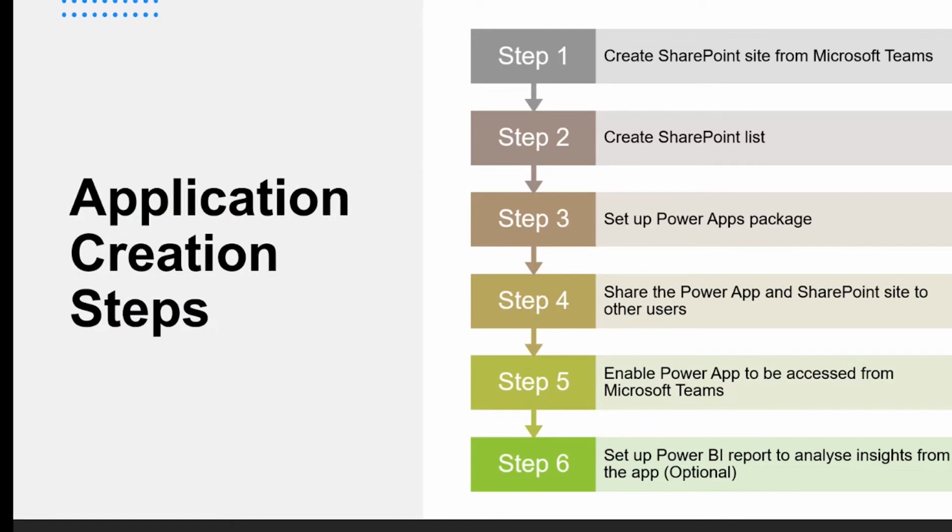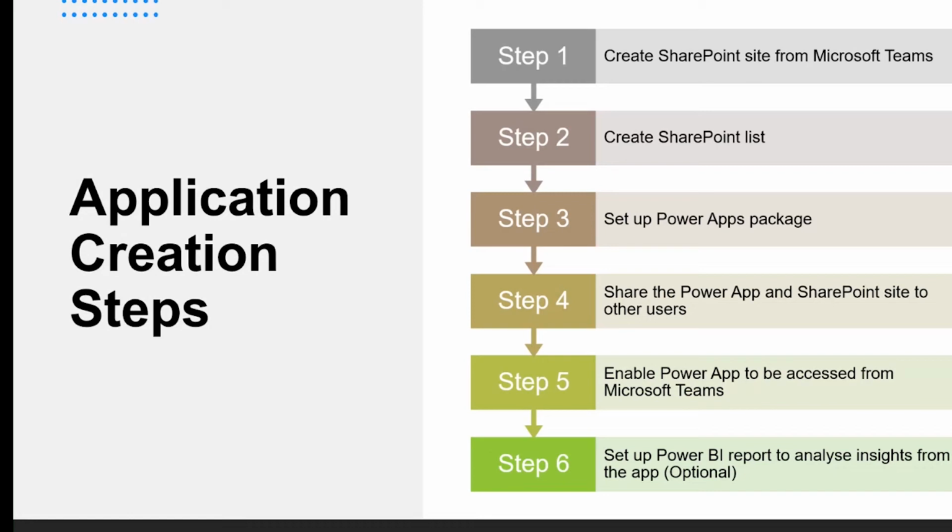So let's go through the application creation steps. We have a few steps that we need to follow. First, we need to create the SharePoint site from Microsoft Teams. As you know, once you create any team inside Microsoft, as a backend it will create one SharePoint site for you to store the data that belongs to that team. After that, we want to create a SharePoint list.